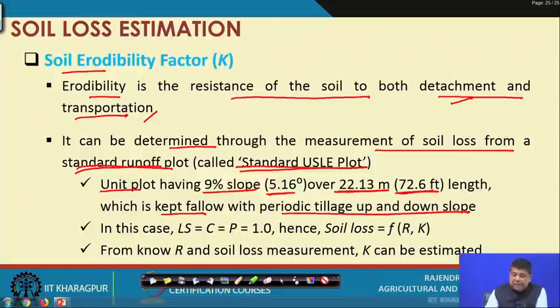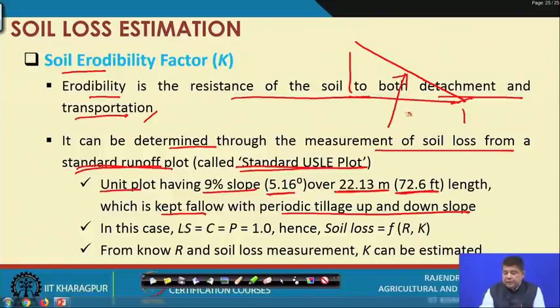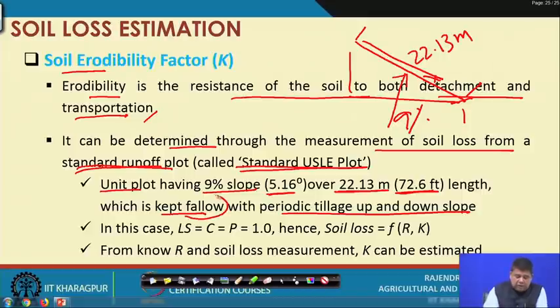So, that simply means it is a standard plot which has a slope of 9%, the length of the plot is 22.13 meters, and on this plot tillage operations are done up and down the slope, but no cultivation is done. Cultivation is not done, that is why it is referred to as fallow land.